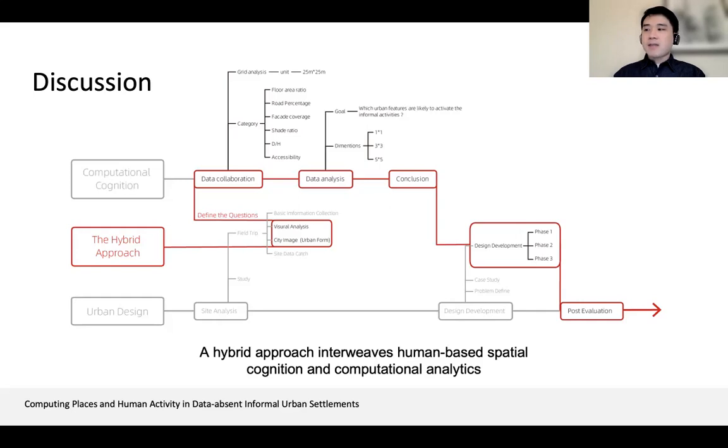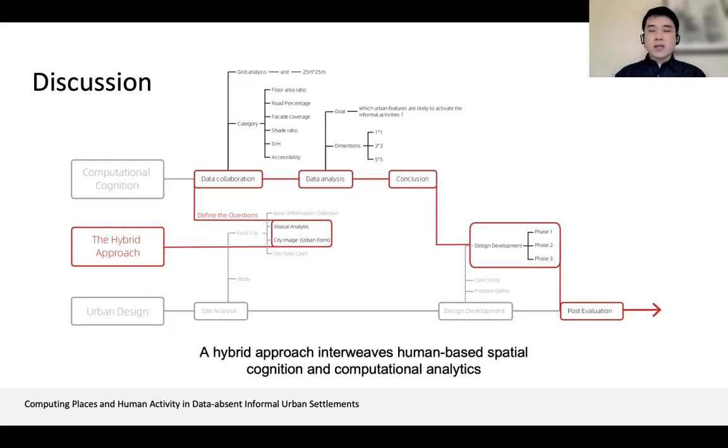On the other hand, as I mentioned, we find the urban design approach, with human spatial cognition and sensory perception, provides a very unique value. So it is very necessary to further explore how we can combine these two methods together.